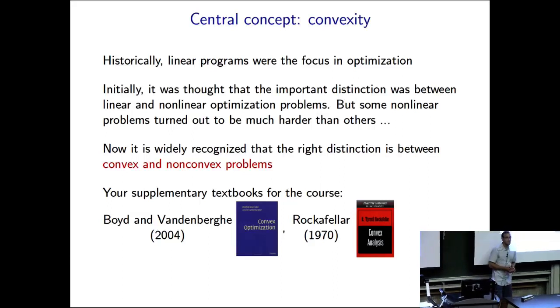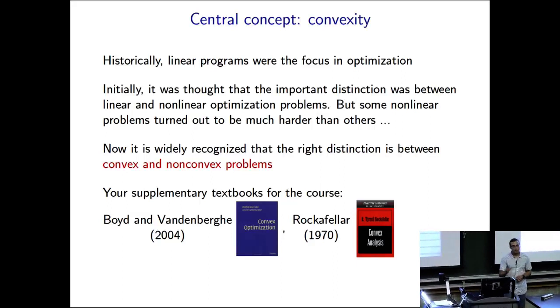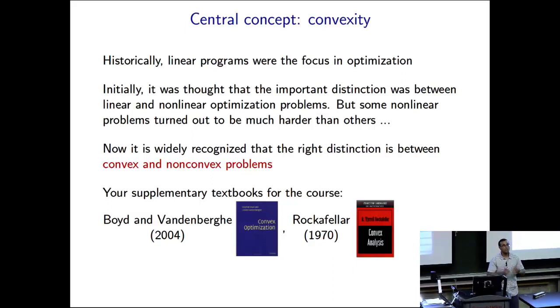Every time somebody asks me something in lecture and I don't know the answer, I usually look at Rockafellar first, and usually, after scratching my head for a little while, I'll find the answer. It has a ton of really interesting stuff in it. But I wouldn't look at this book unless you come from a math background or are used to reading very definition-heavy, theorem-laden textbooks. Boyd and Vandenberghe is much more friendly in some sense, but just doesn't have the same amount of material.